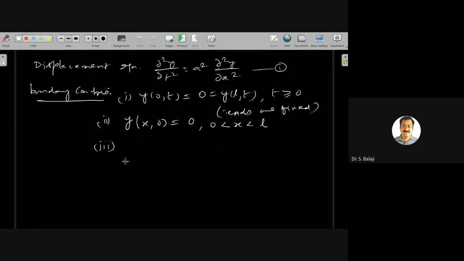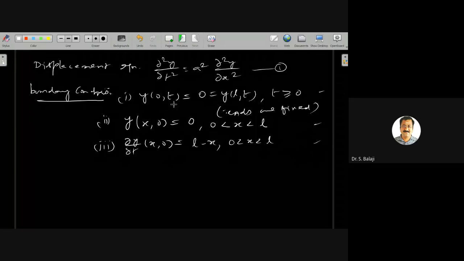You are going to give a velocity of L minus x at each point from 0 to L. That velocity can be represented as dou y by dou t of x comma 0 equal to L minus x, for 0 less than x less than L. These are the three conditions: 1, 2, and then 3.